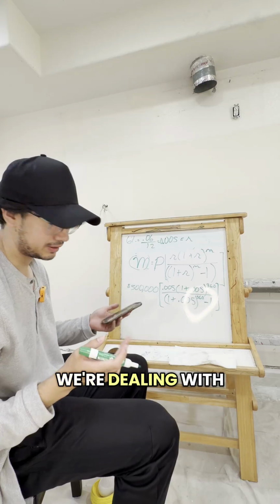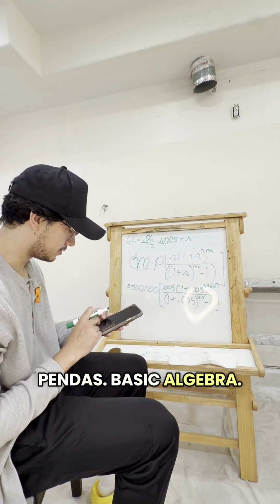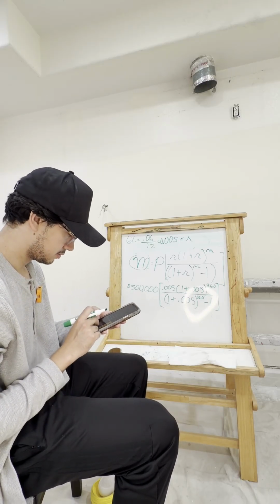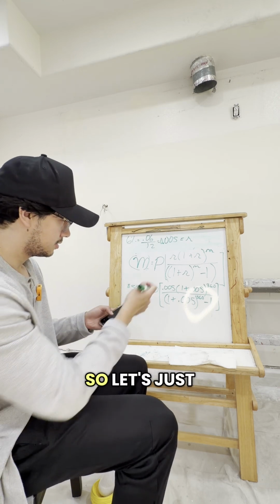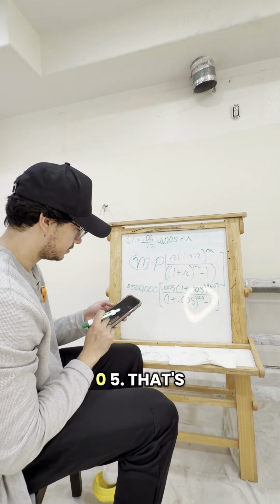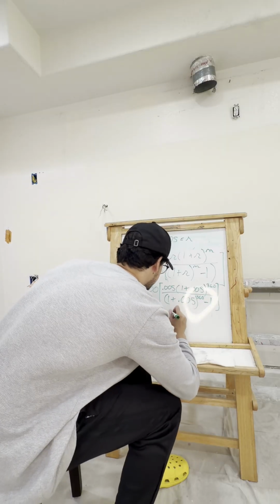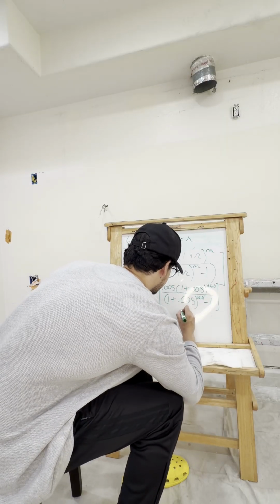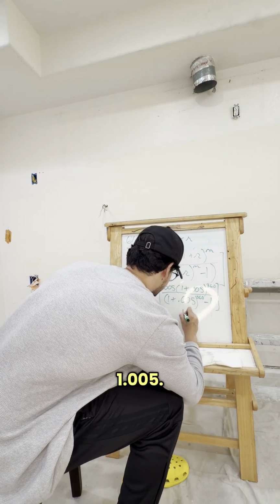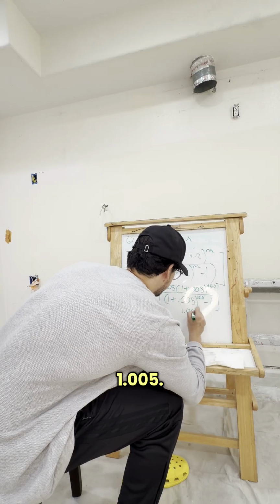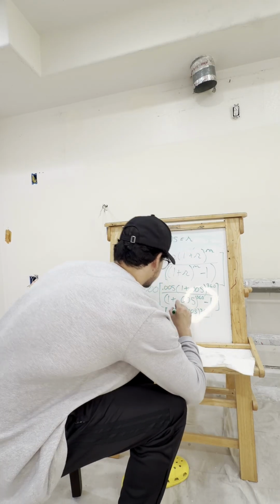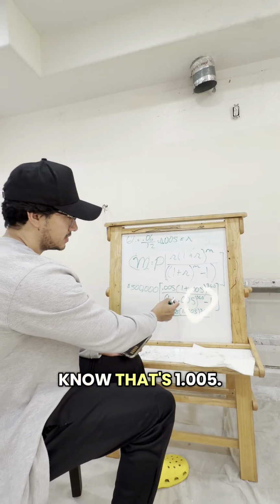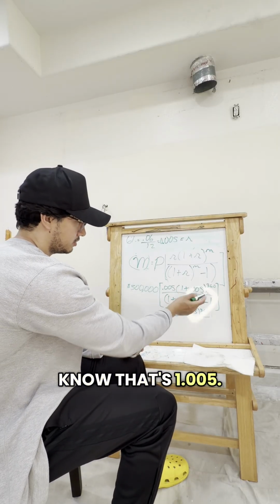So let's start. Again, we're dealing with PEMDAS, basic algebra. Let's just take the 1 plus 0.005, that's 1.005. And right here, we already know that that's 1.005.